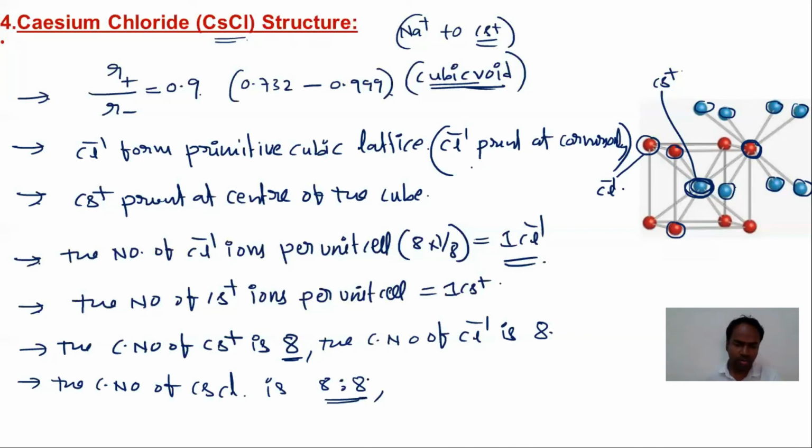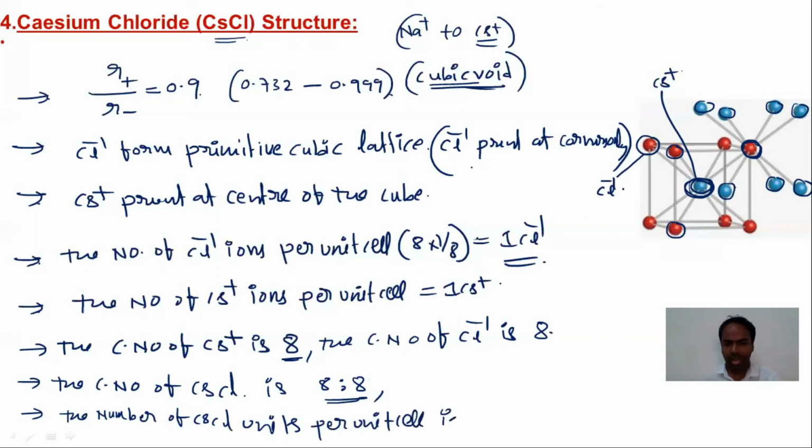Now the number of formula units, the number of cesium chloride units per unit cell: 1 Cs plus and 1 Cl minus ion. How many total? That is 1.